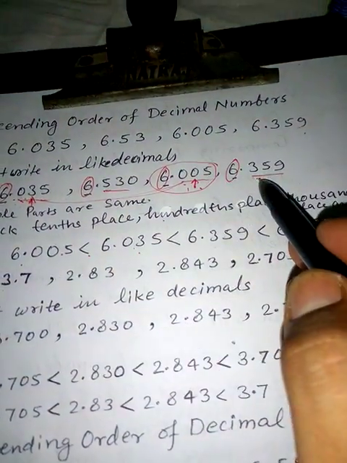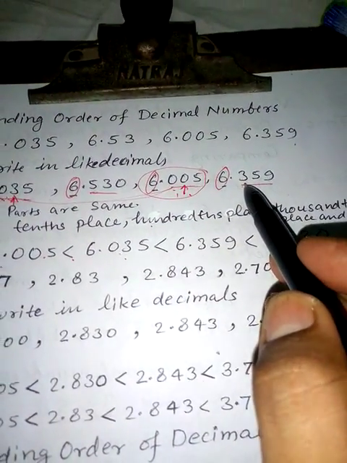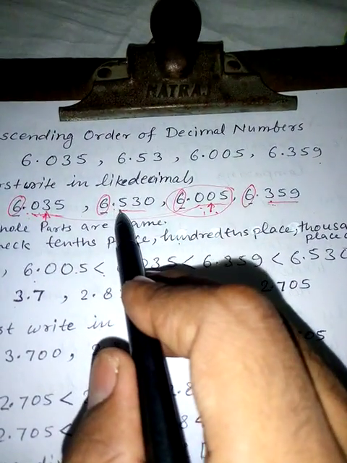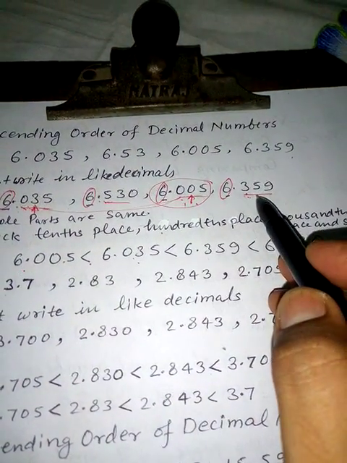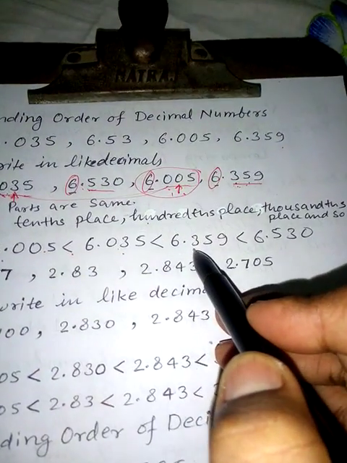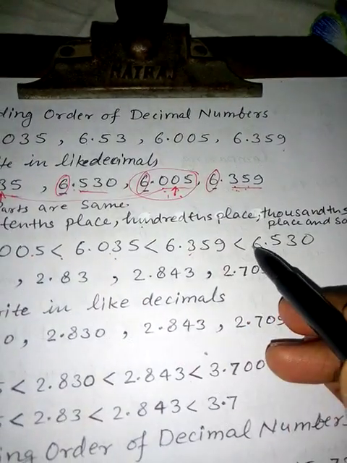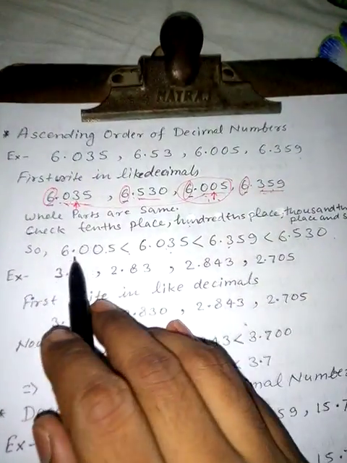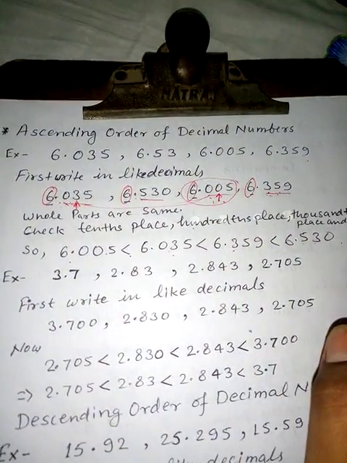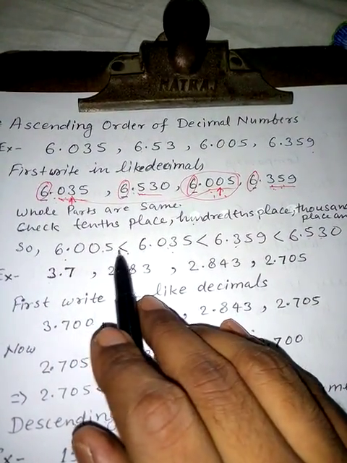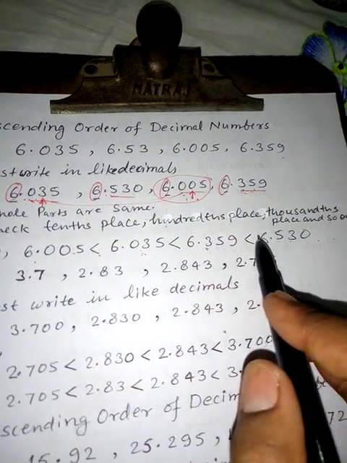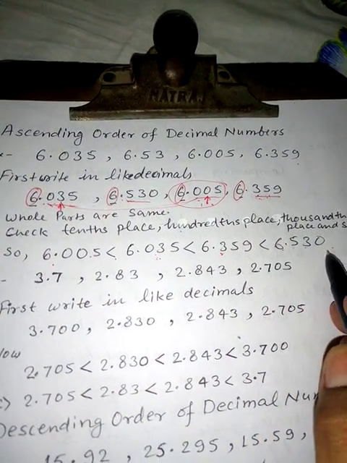Now this number, 3, here you can see at the 10th place it is 3 and at the 10th place it is 5. So it is smaller. So first write 6.359, and now 6.530. You can see all these numbers are in ascending order: 6.005 is less than 6.035 is less than 6.359 is less than 6.530.